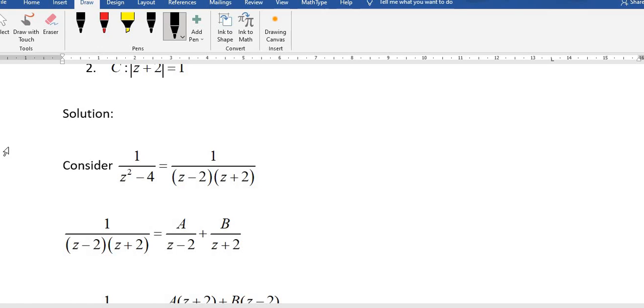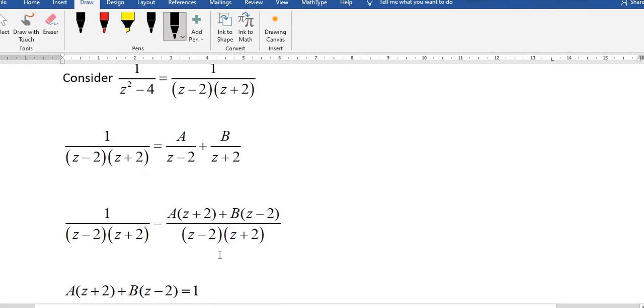For this I split z square minus 4 using the formula a square minus b square as a plus b into a minus b. So this fraction can be written as A by z minus 2 plus B by z plus 2. Take LCM, that is z minus 2 into z plus 2. So A into z plus 2 plus B into z minus 2.